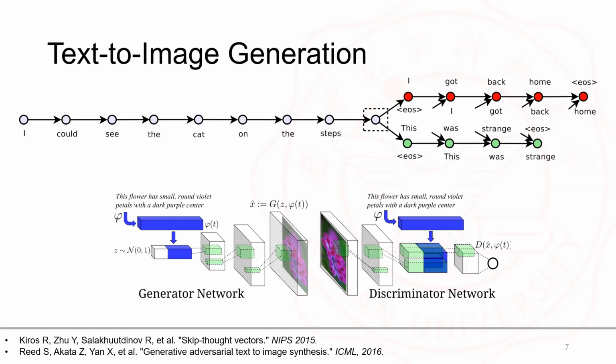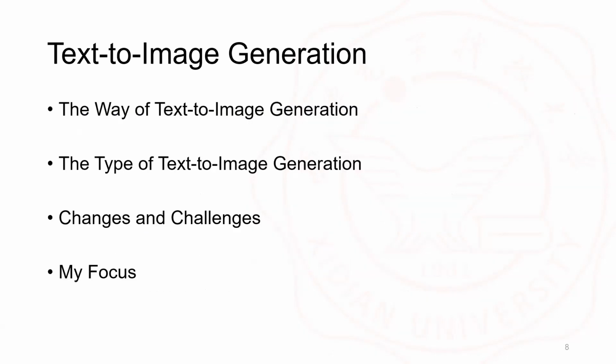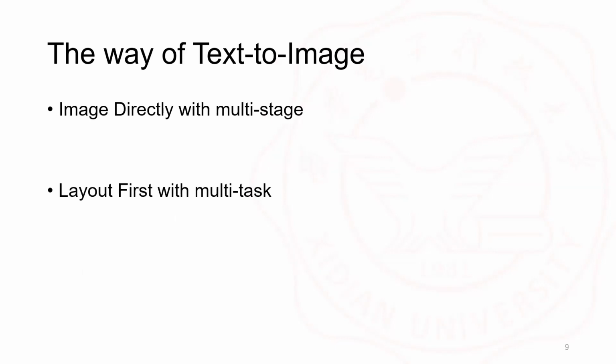Next, I will introduce the text-to-image generation tasks from the ways and tabs, changes and challenges between them, and my focus. There are two main methods for text-to-image generation. One is to generate features and synthesize the image directly.